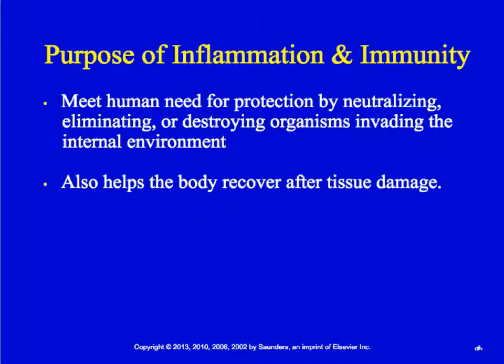It cannot be developed or transferred from one person to another. It's part of our innate immunity that includes the skin, the mucosa, antimicrobial chemicals on the skin, and our natural killer cells. It is critical that the body has the ability to produce an inflammatory response.